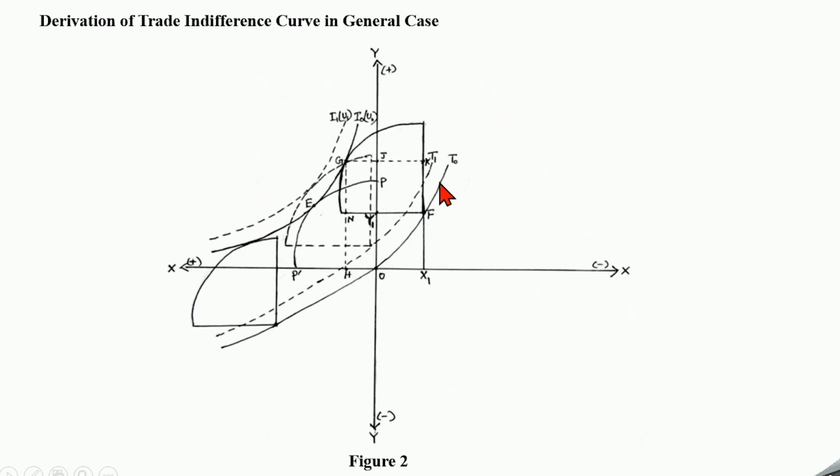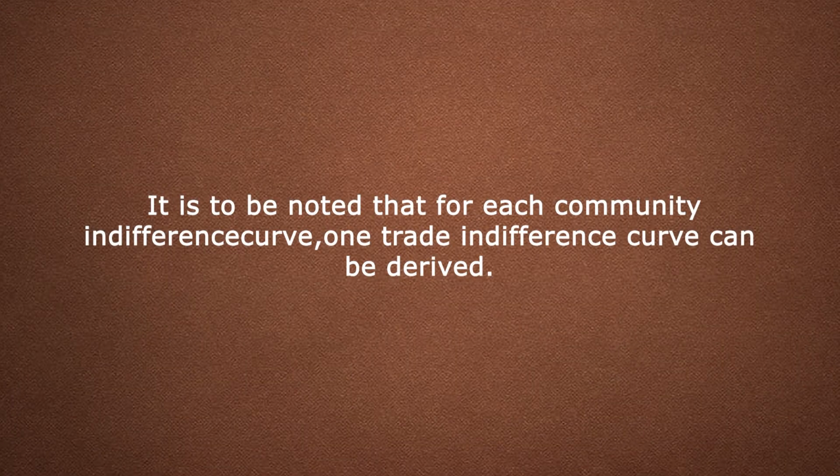And here the trade indifference curve is derived corresponding to one community indifference curve, and the welfare level that the community indifference curve is representing, the trade indifference curve corresponding to that community indifference curve will also represent the same level of utility. It is to be noted that for each community indifference curve, one trade indifference curve can be derived.